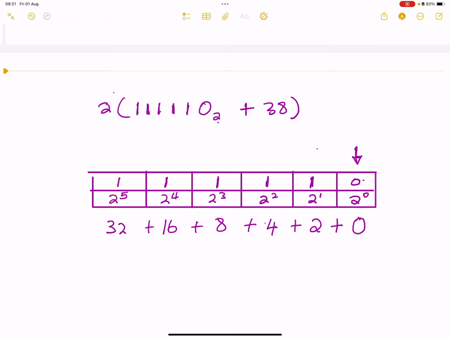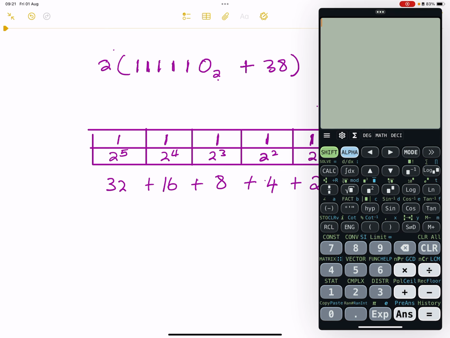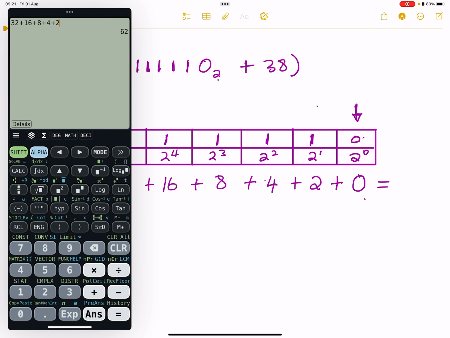So let's convert that binary number into a decimal. We're going to add all of these together, and it's going to give us the decimal form. So we say 32 plus 16 plus 8 plus 4 plus 2, and remember this is a 0, so that gives us 62.